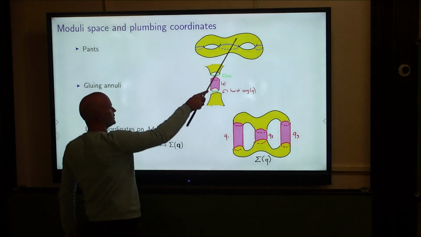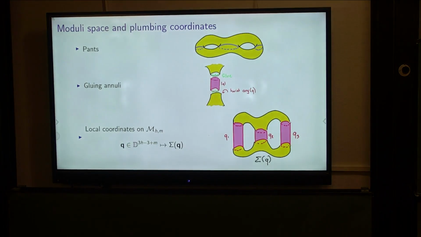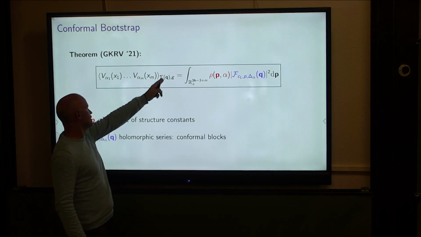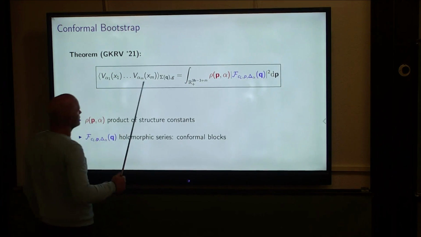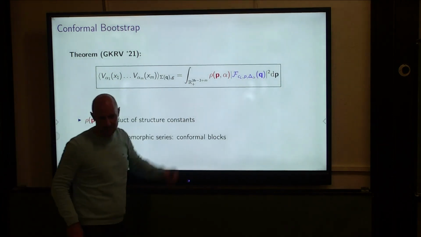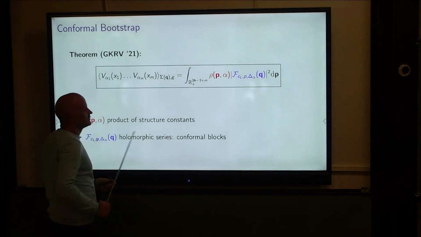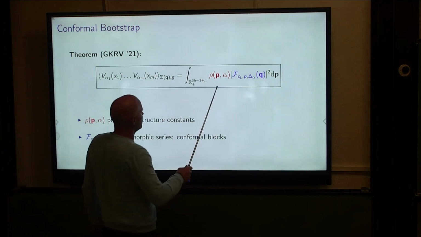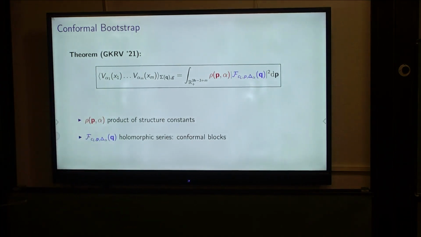You take a point here, and it can be identified with a point here, so the points have a special position in the surface Sigma_q, and everything is well defined. And the point is that this correlation function can be factorized. This is the holomorphic factorization. Here you have this rho, an explicit product of DOZZ coefficients that I don't write so as not to saturate the blackboard, and some holomorphic series in the q parameters, which are the conformal blocks. Okay?